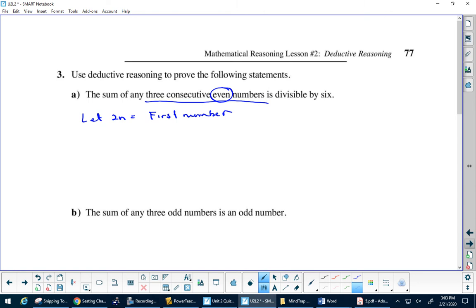Now what would be the second number? If 2n is the first one, what's going to give me the second one? Okay, so this is good thinking. I don't want to give this away. So if n, say, equaled 1, my first number would be 2, wouldn't it? 2 times 1. How would I get the next one?